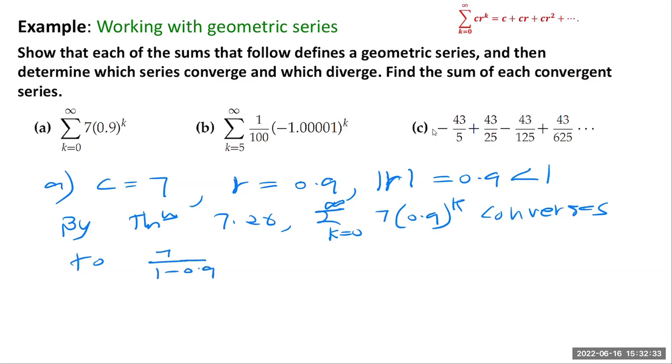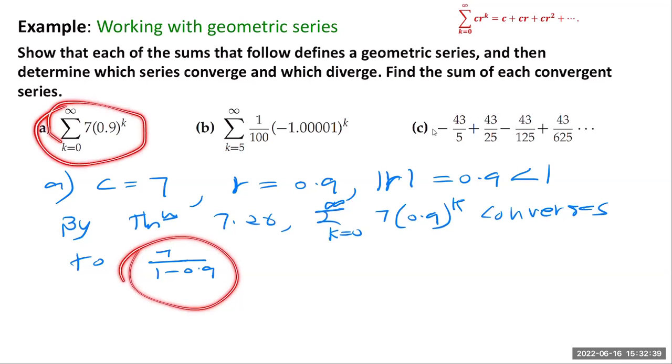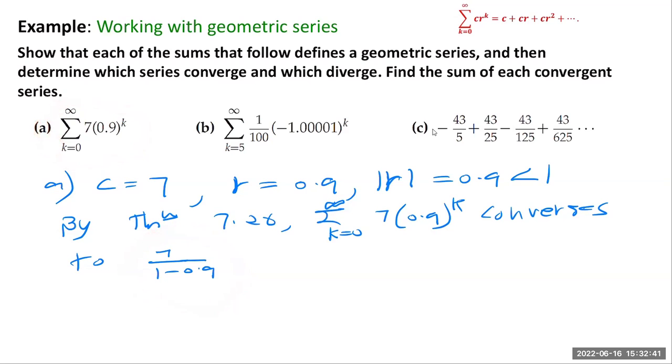R is 0.9, by the way. So that's the summation of the series. This summation is equal to 7 over 1 minus 0.9. All right, that completes that part. Let's move on to the next part.